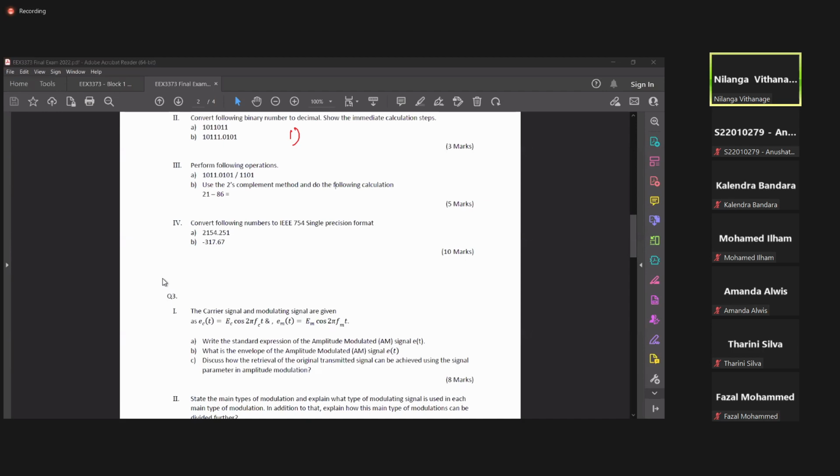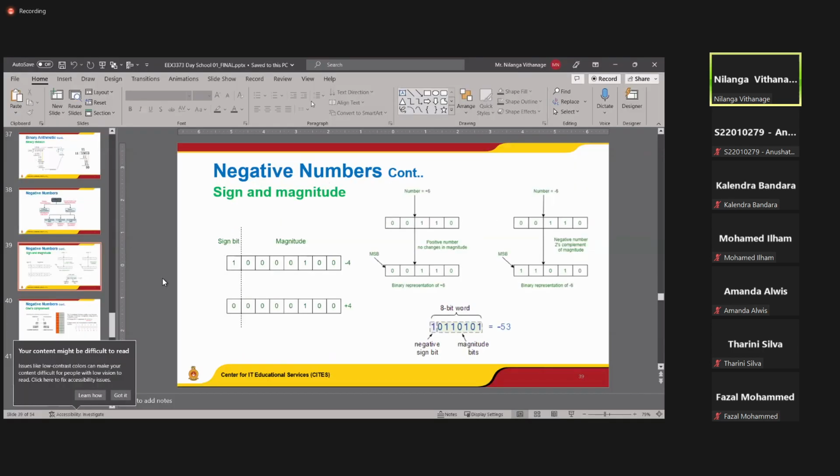This is your day school note. There are a few methods to represent negative numbers inside of a computer. One is the sign magnitude method. In the sign magnitude method, the first bit we call the sign bit, and the other bits are the number bits.